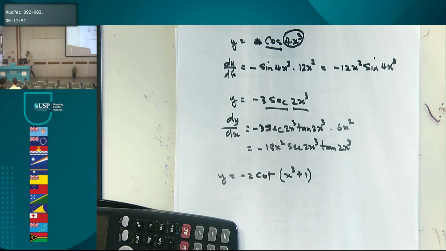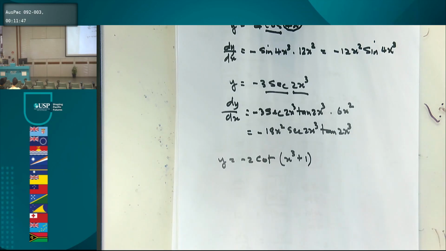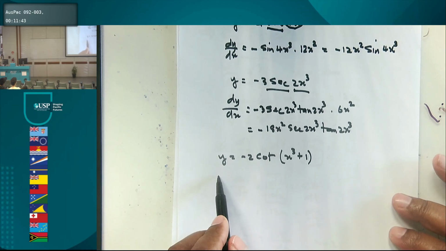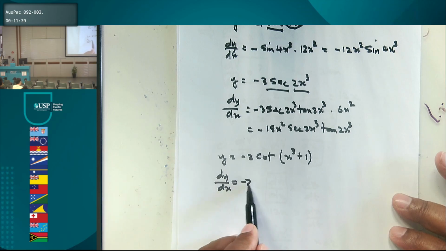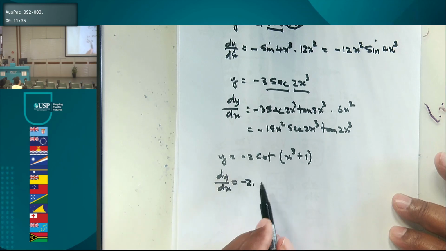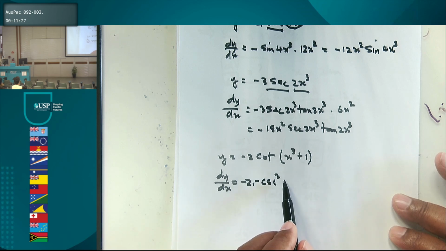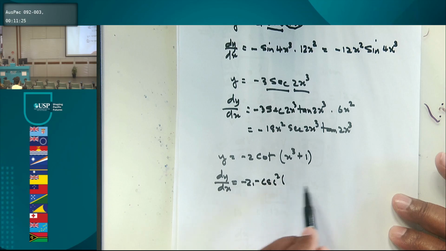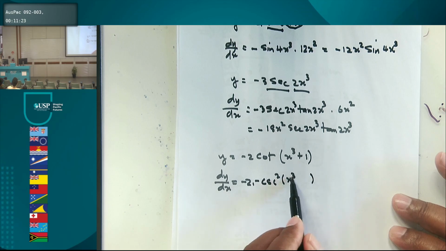So, I'm trying to shorten steps for the sake of the test in the final exam. dy over dx, negative 2 remains untouched. And the derivative of cot is negative cosec squared. What should go here? The inner, x cubed plus 1.